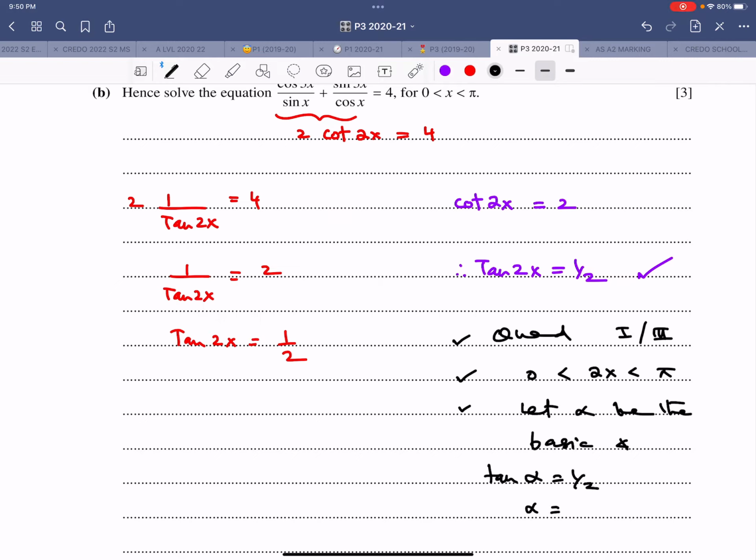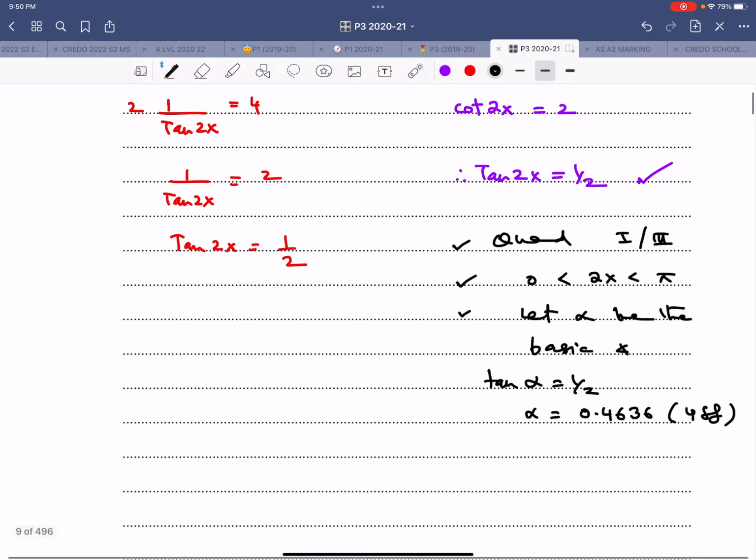Therefore, alpha comes out to be, let me grab my calculator once more, tan inverse of 0.5, which is 0.4636, correct to 4 SF.